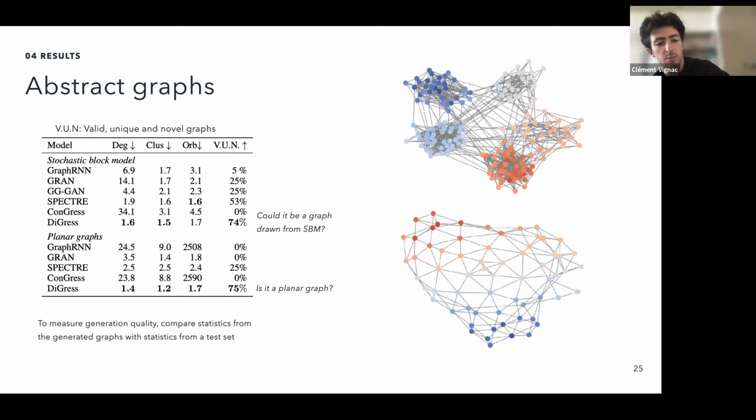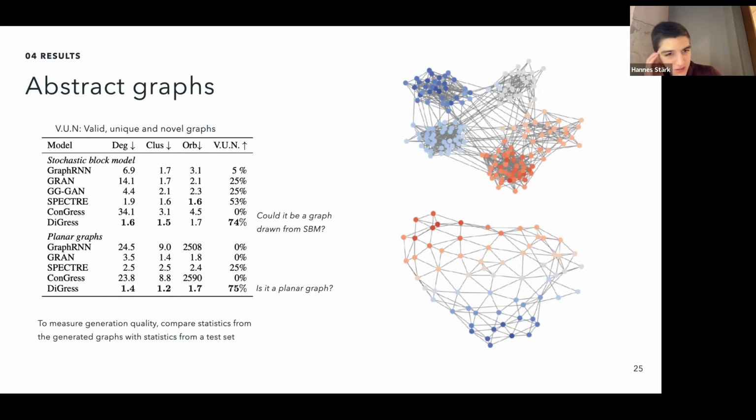Valid for SBM means that we run a statistical test, which asks, could this graph be drawn from the SBM model? If yes, it's a valid graph. Unique and novel means that it's not always a graph from the training set, and it's not always the same graphs, which would be 2 cases that are not interesting. And for planar graphs, we check if the generated graphs are planar. That's very simple.